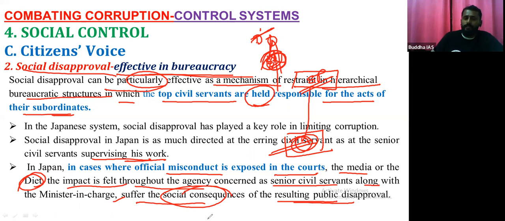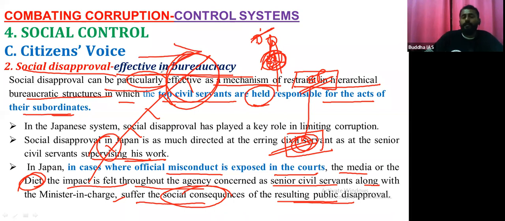It simply says that if anyone in the hierarchy is caught in corrupt cases, not only the senior bureaucrats or the officials at the top, even the minister in charge will be held responsible for that act. Do we have this kind of things in India? No. If we have this kind of things, definitely curbing corruption is not that difficult.